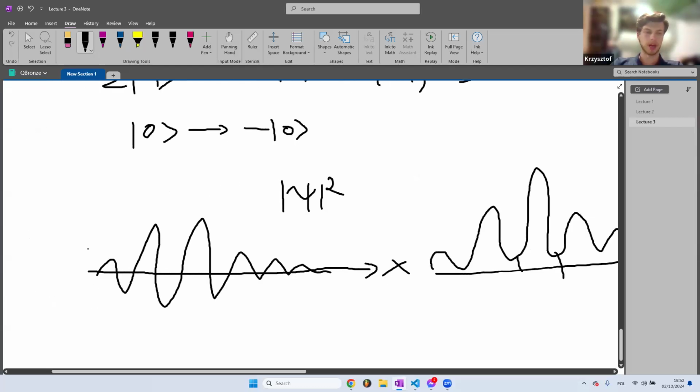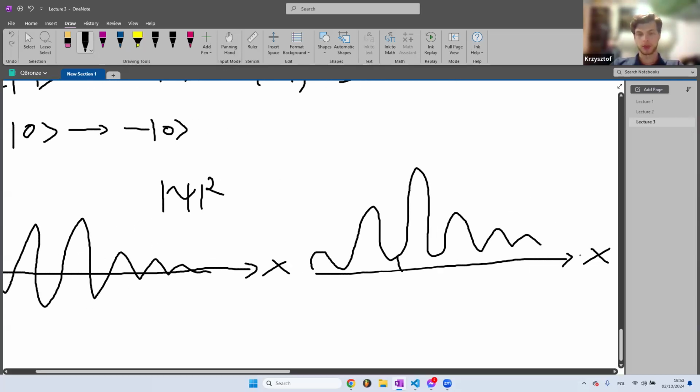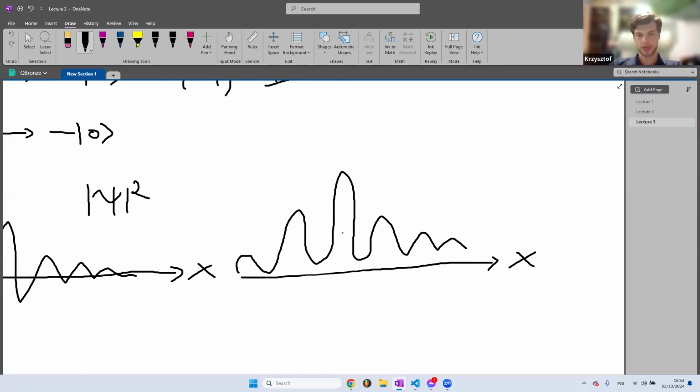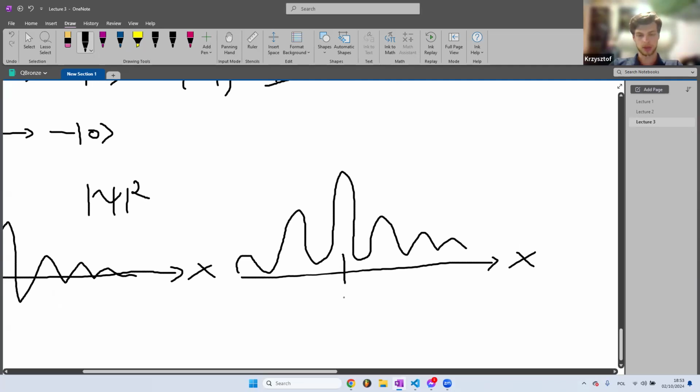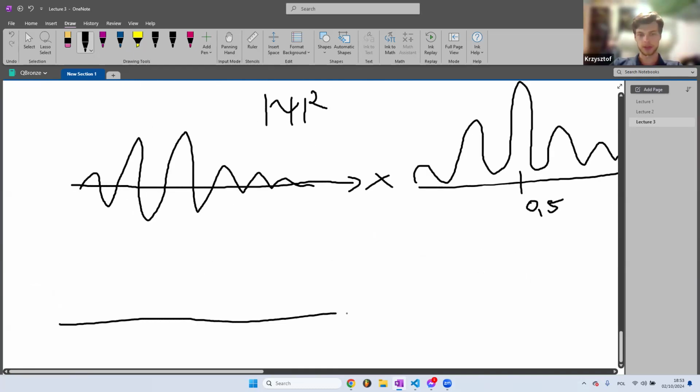Here I come with some arbitrary wave function. In case of the measurement, when you try now, for example, to shoot a photon on this particle and locate it in space, you would see, for example, that this particle was in position 0.5. And this wave function, after the measurement, becomes a Dirac delta function.